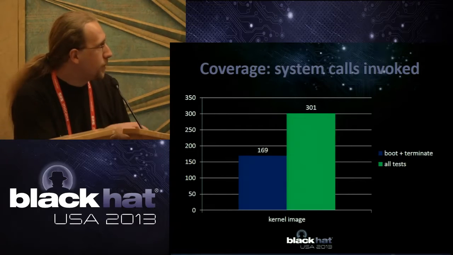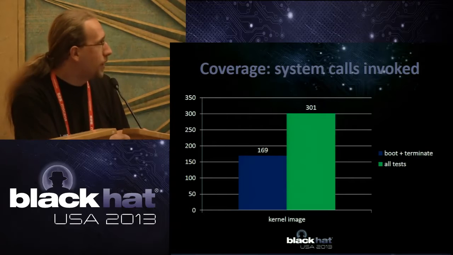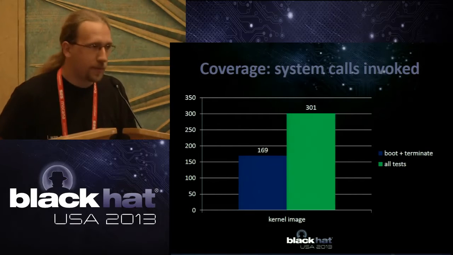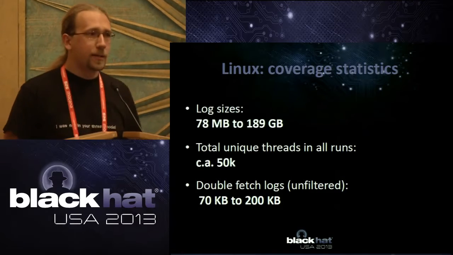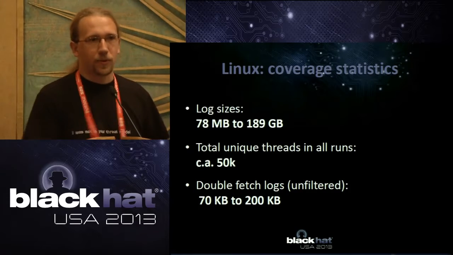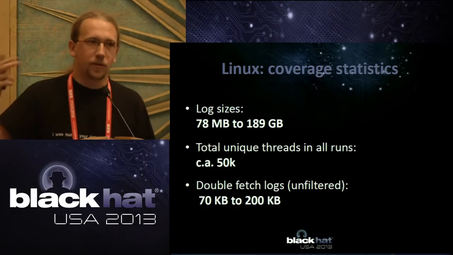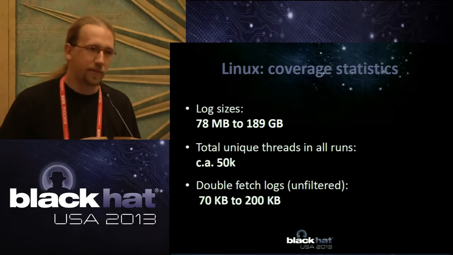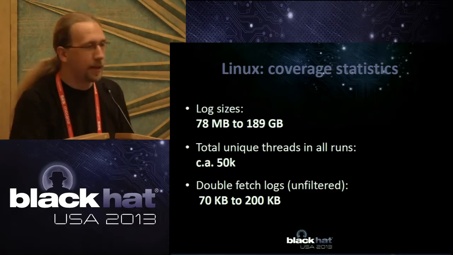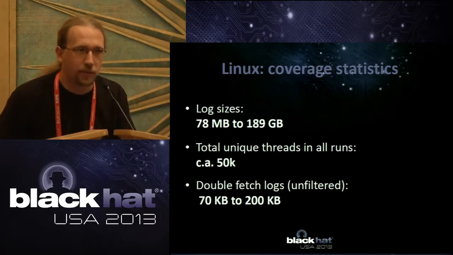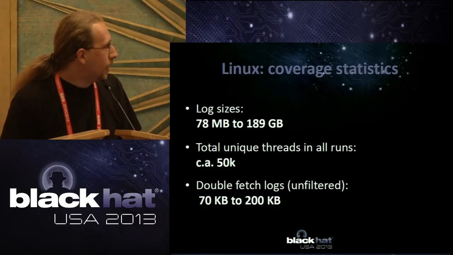301 system calls were called in the end. So it's far less than Windows has, as you know. In the end, when we ran Linux on Bochspwn and started generating logs, like the memlog.bin file that Mateusz mentioned, we got logs up to 200 gigabytes. So you can, I guess, imagine how many hard drives we had to buy during this research.